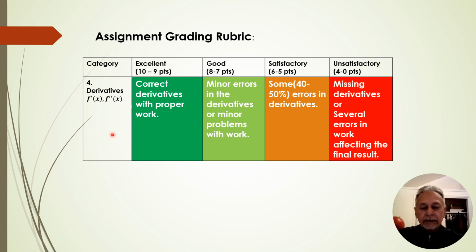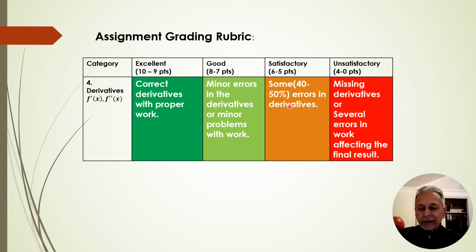Category 4 is the derivatives, first derivative and second derivative. So you will get 9 to 10 points if the derivatives are correct and with the proper work shown. And you will get 7 to 8 points if there are minor errors in the derivatives and or minor problems with the work.